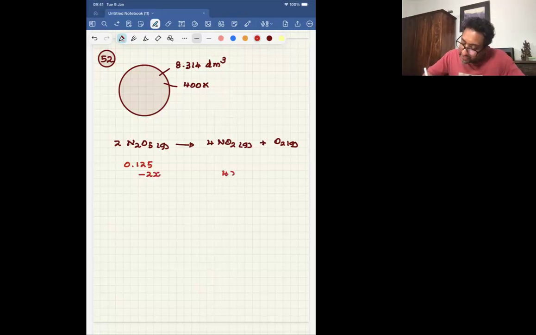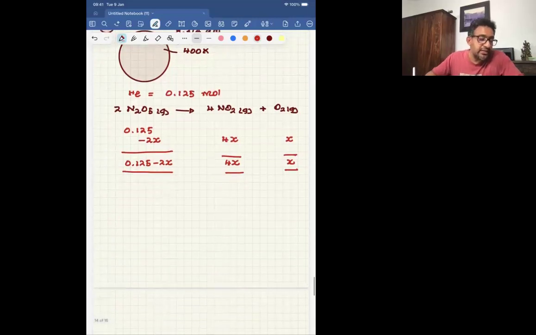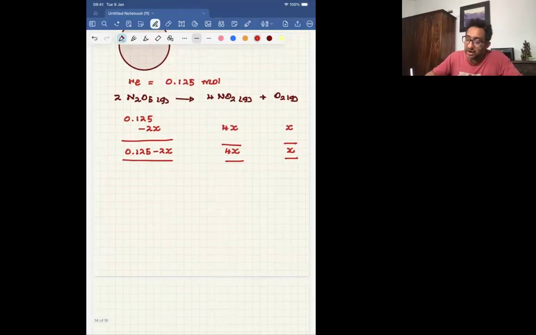Then this will be 4x, this will be x. 0.125 minus 2x, 4x, x. But then don't forget that there is an inert gas also. 0.125 moles are there. So what they ask is the amount of N2O5 reacted after 5 seconds.